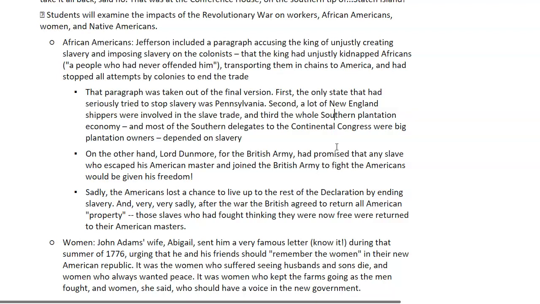On the other hand, Lord Dunmore, British governor for the British Army, had promised that any slave who escaped his American master and joined the British Army to fight the Americans would be given his freedom. So African Americans ran away from their slave masters and joined the British Army thinking they were going to get some freedom.